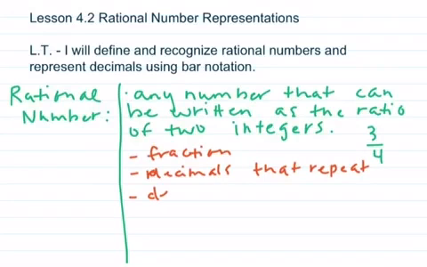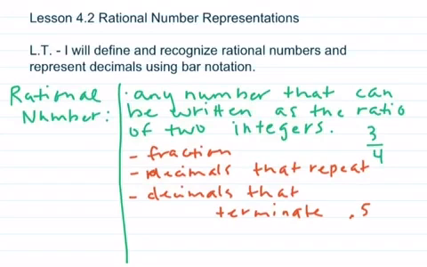They can look like decimals that terminate or stop, and you guys have worked with terminating decimals. For example, 0.5, because there it stops after the tenths place. Everything else after that is a 0. So 0.5 is a terminating decimal.